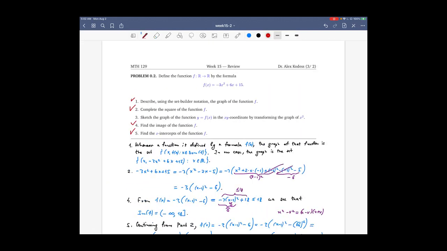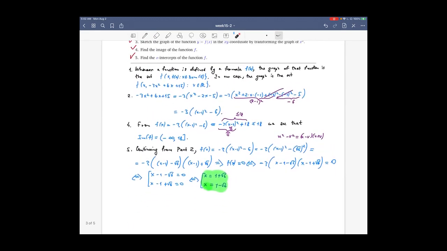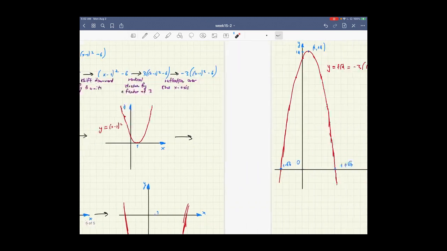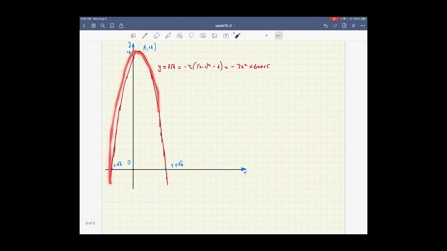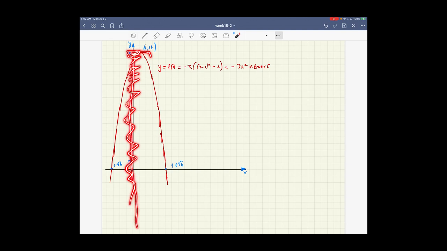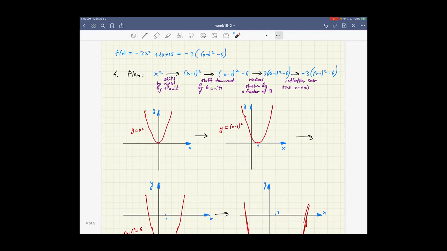So it looks correct. Note that, of course, the leading coefficient is negative, and so our parabola has its branches pointing downward, as expected. So the image is indeed from negative infinity up to 18. The vertex of the parabola is at the point 1, 18, and the graph was obtained through a sequence of graph transformations from the graph of x squared.